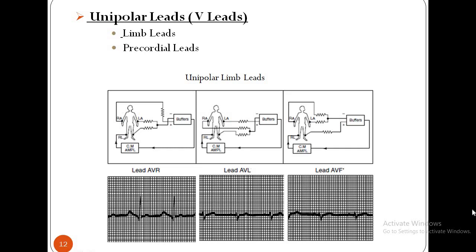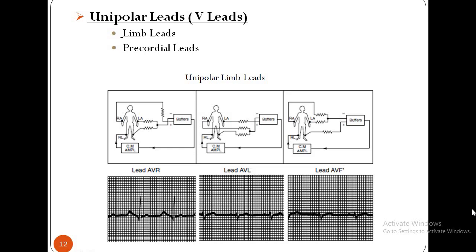In unipolar limb leads, two of the limb leads are tied together and recorded with respect to the third limb. In the lead identified as AVR, the right arm is recorded with respect to a reference established by joining the left arm and the left leg electrodes.